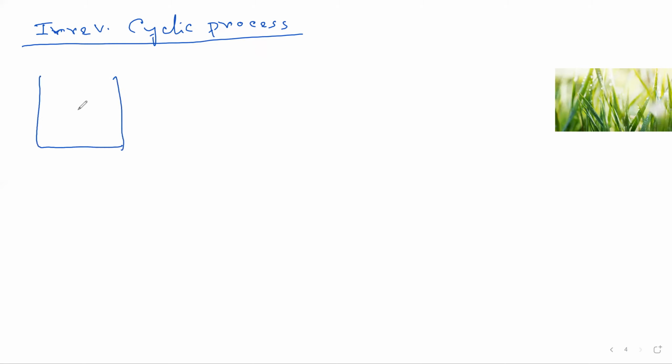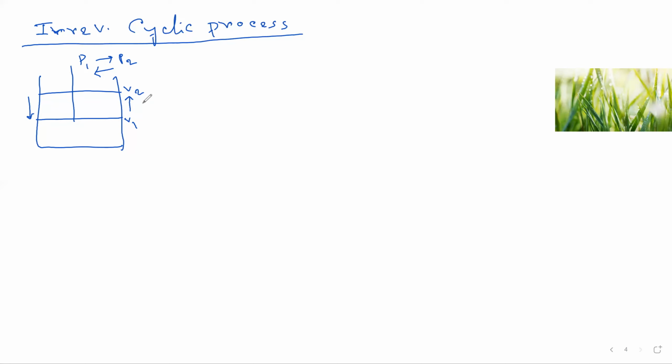This is V1, this is V2, and there is a piston over here, P1 to P2, then it will come back from P2 to P1. So first it will go from P1 to P2 and then it will come back. Okay, so this is a cyclic process where a system starts from the initial state, reaches the final state, and then comes back to the initial state.